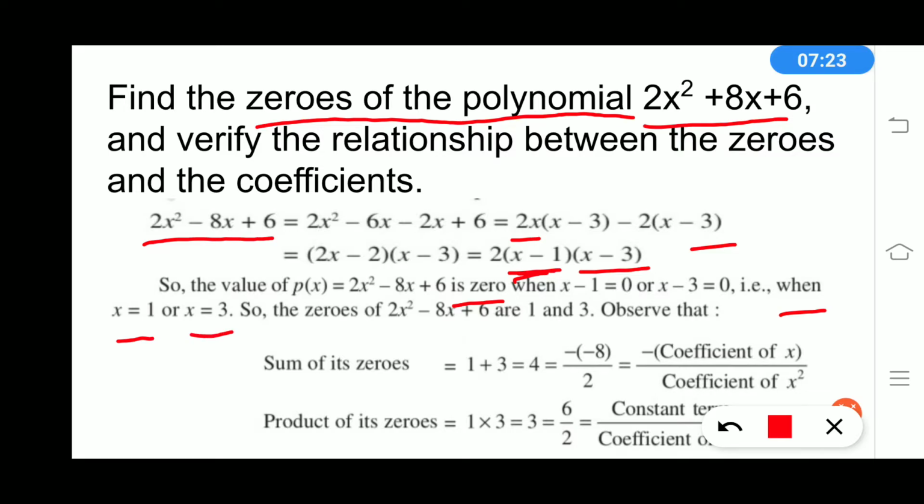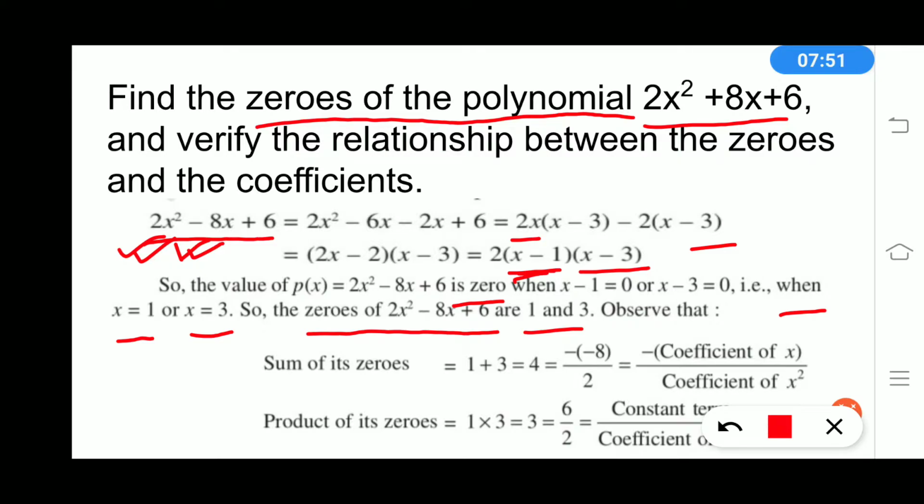Okay, then the given polynomial 2x square minus 8x plus 6 equals 0. So we can easily say that the zeros of the polynomial are 1 and 3. Clear? That means if we put x equal to 1 in this polynomial, then the value of this polynomial is 0. Again, if we put x equal to 3, then the value is again 0.